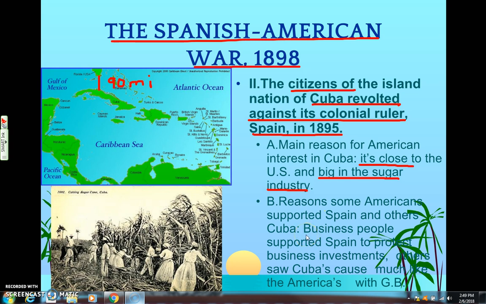Negative meaning we're against, there's a group of people that's against involvement in Cuba, and those are your big business people. They actually support Spain because they want their investments protected. Okay? A stable Cuba means a stable sugar market. And in the eyes of a lot of large-scale business owners, they see Spain as a stabilizing force.